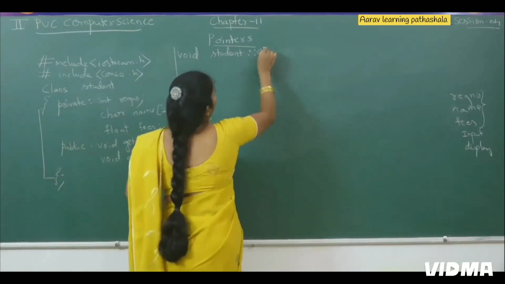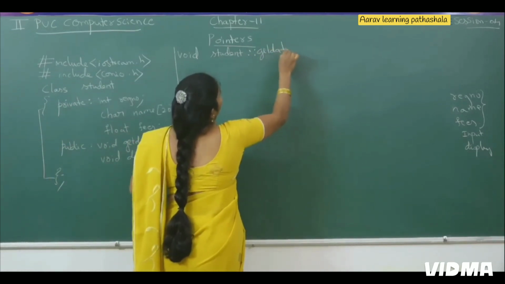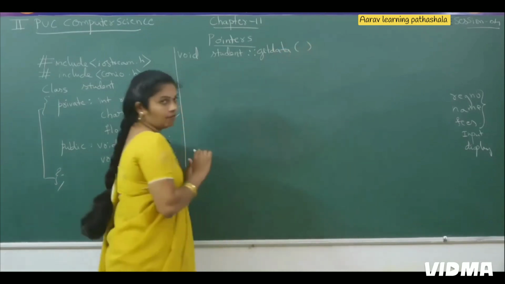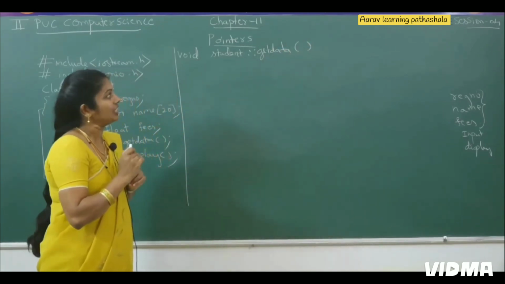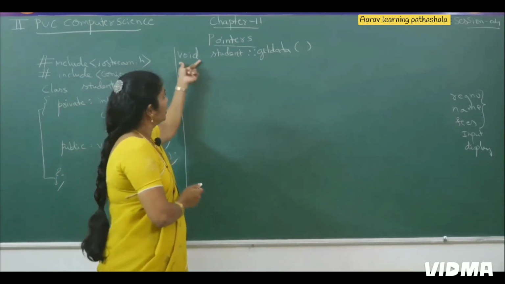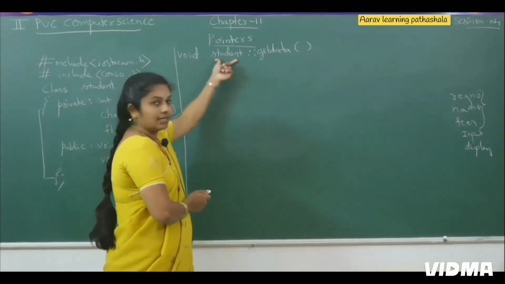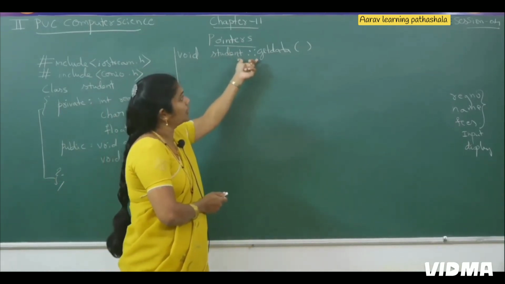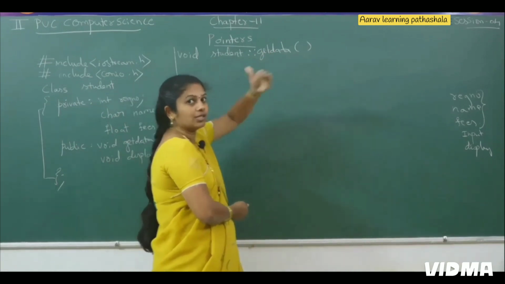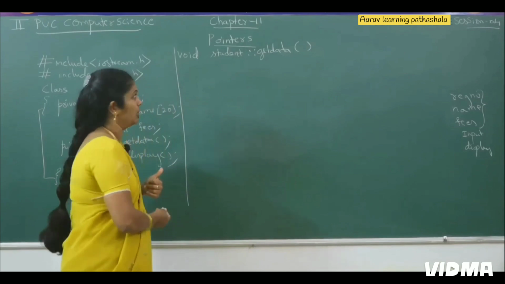Then the getdata function. We are just identifying void as the return type, then student is the class name, scope resolution operator, getdata function. Here don't put a semicolon because now we are writing the body of this function.